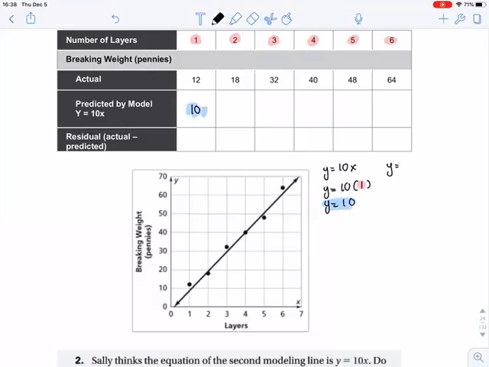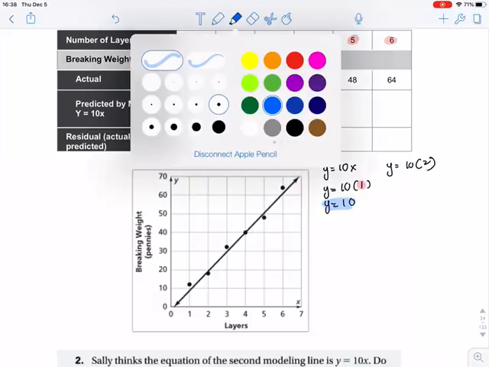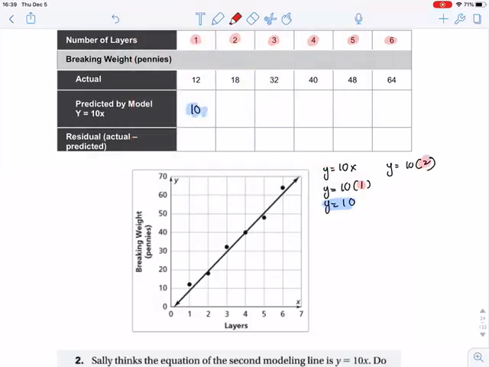Do it again. y equals 10 times 2. Again, the variable x goes in there, and we get y equals 20, and that goes here. y equals 10 times 3.